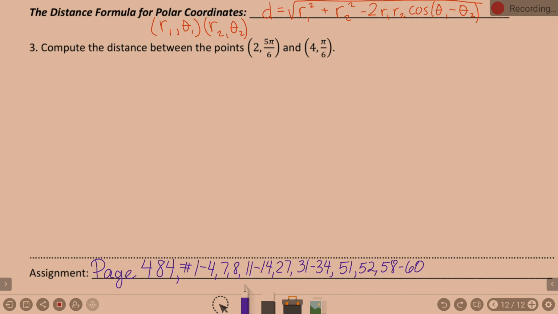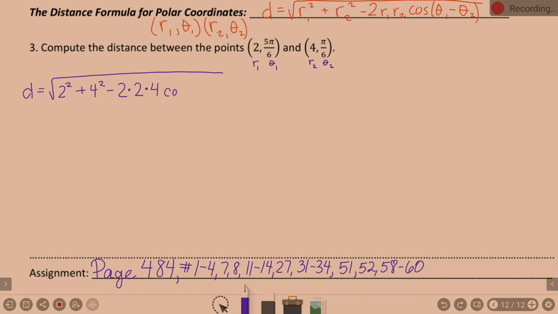Keep in mind, this is r and theta. So I'm going to call this one r1, theta 1. This over here is r and theta, so I'm going to call that r2, theta 2. Plug and chug, guys. So we're going to fill into the formula. D equals the square root, okay, r1 squared, so 2 squared, plus r2 squared, so your other r squared, which is 4 squared, minus 2 times r1, which is 2, times r2, which is 4, so times both r's.